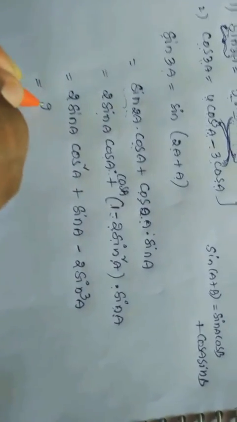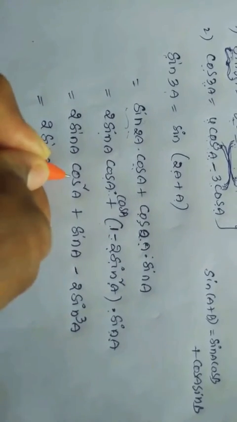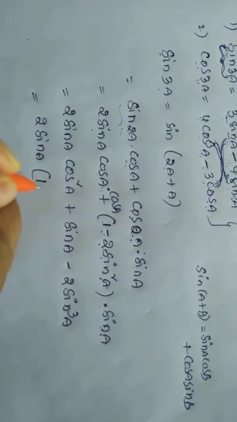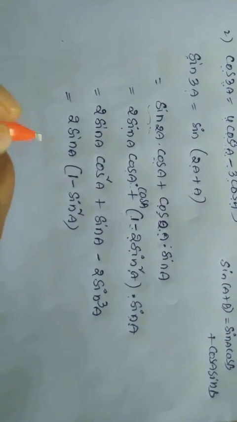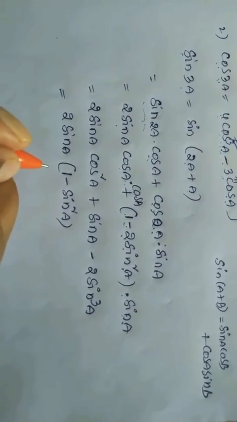Next, 2 sin A cos square A, we can write cos square A as 1 minus sin square A, because we know the identity sin square A plus cos square A is equal to 1.